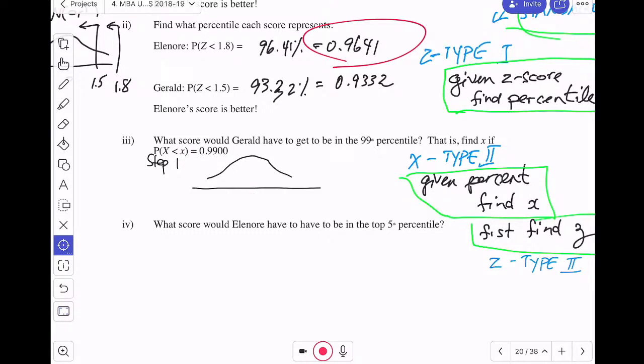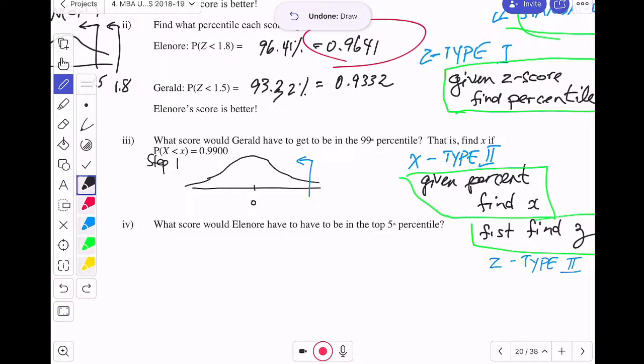That puts me beyond the 0, somewhere over here, a distance away. I'm going to do this first as though I'm working with standard deviations from the mean.